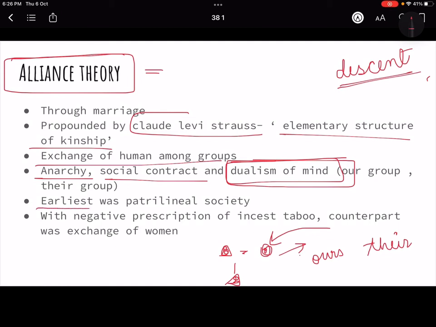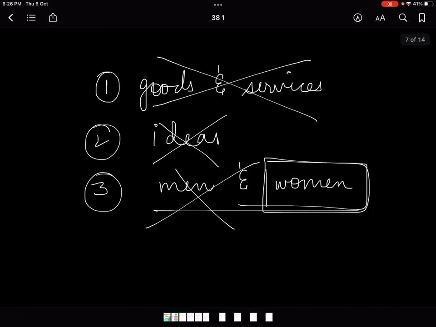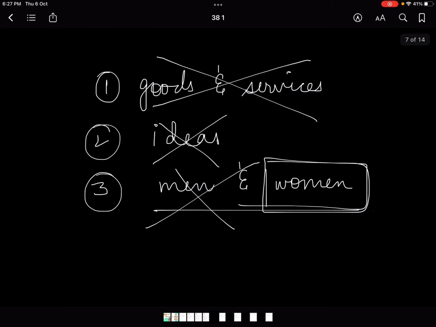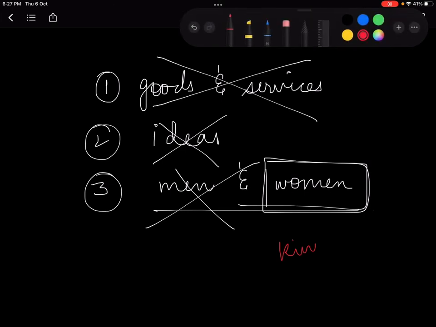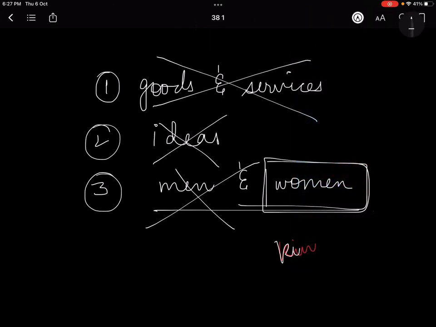So he said that earlier societies were patrilineal and there was negative prescription of incest taboo. So then came in the exchange of women. Just go back, see the video again of the whole alliance theory which I have explained right now, and I am sure you will be able to understand it. So basically अभी हमने this we have decided कि kinship is based on two things, and that is descent and alliance.